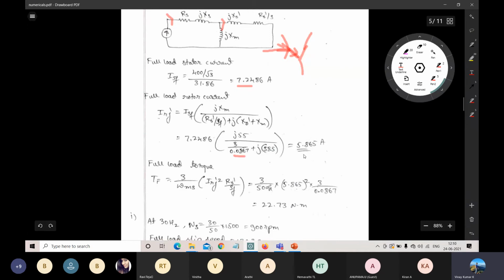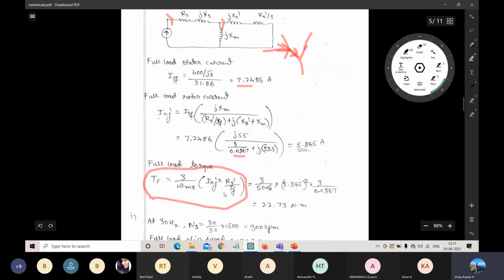So IRF dash is 5.865. Then full load torque TF is 3 by omega ms into IRF dash squared into RR dash by SF. In the first class we derived this formula at the starting of our third module, the operational characteristics of induction motor, the operation of induction motor using unbalanced voltages, balanced voltages, different modules. So TF is 3 by omega ms IRF dash squared RR dash by SF.